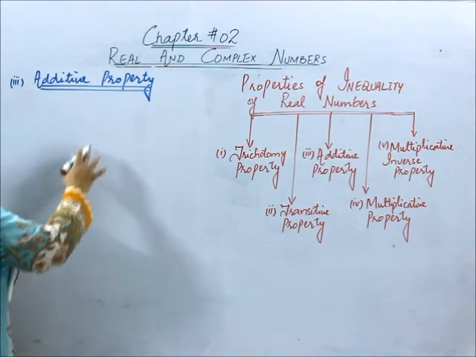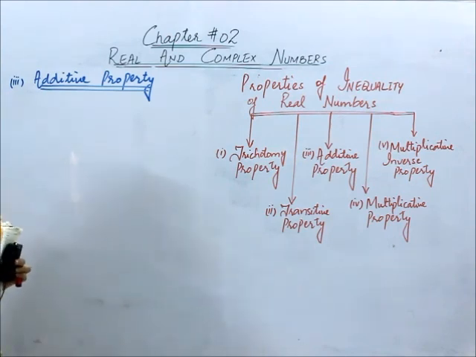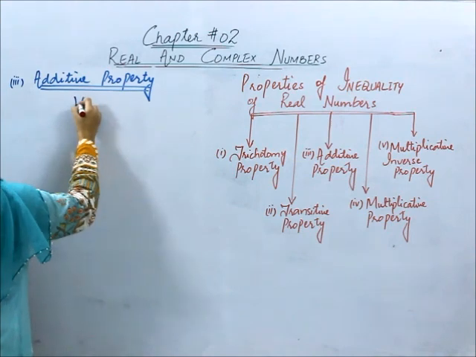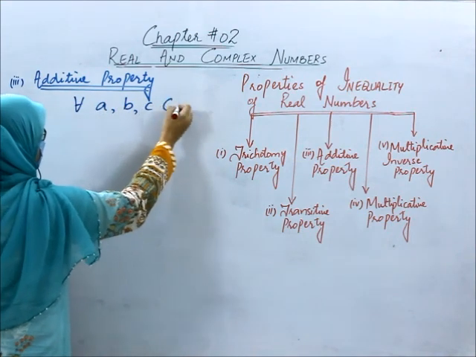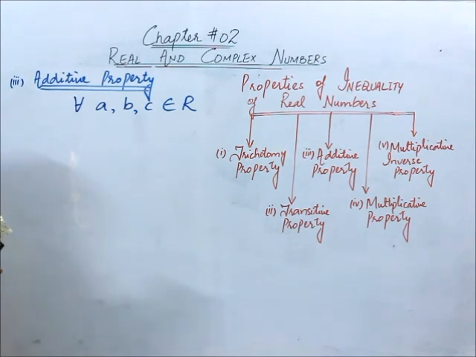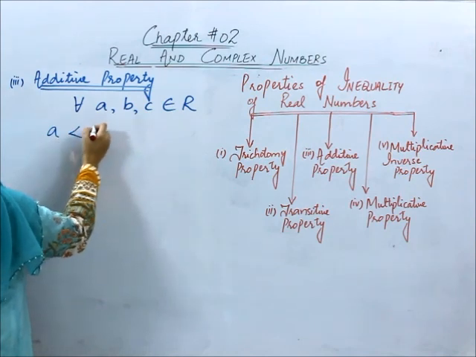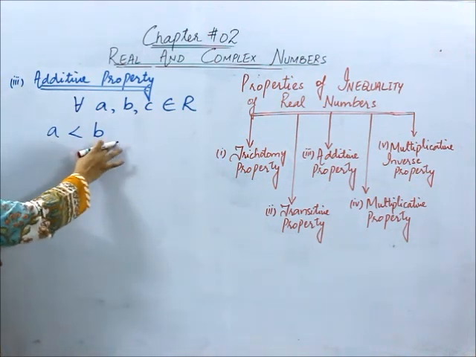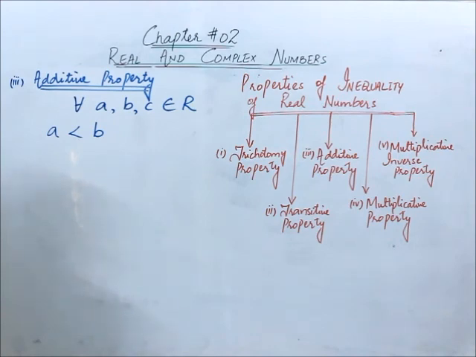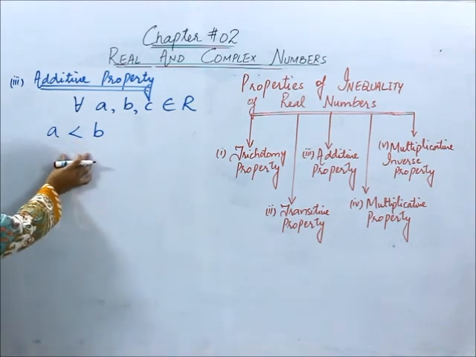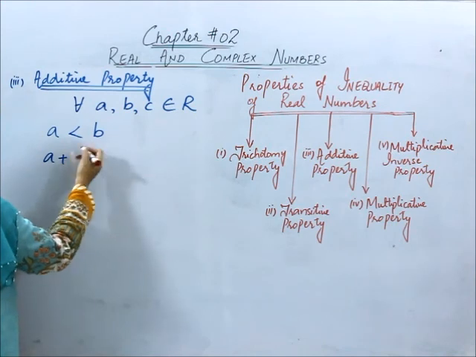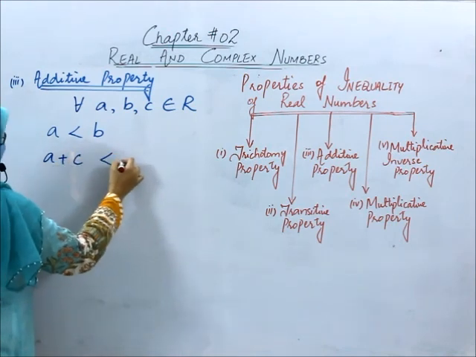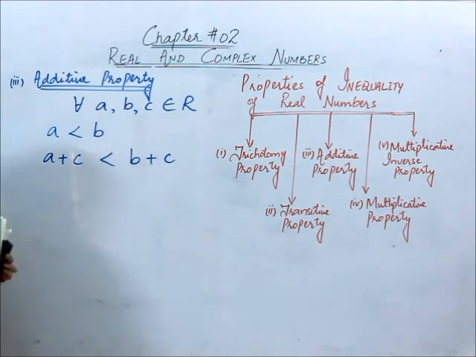Okay, the third property is the additive property. Additive property says if you have three numbers a, b, c which belong to the set of real numbers, and a relation a less than b, now if we add a number on one side of the inequality, the same number would be added on the other side to keep the inequality as it is, or to keep the balance of it. a plus c less than b plus c.